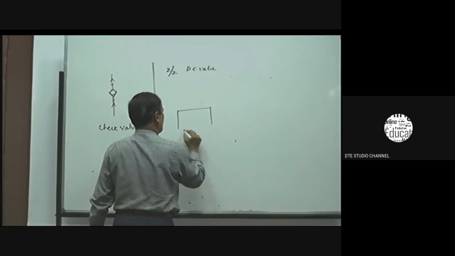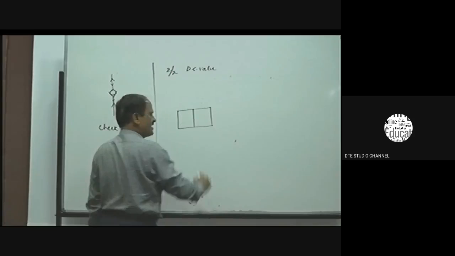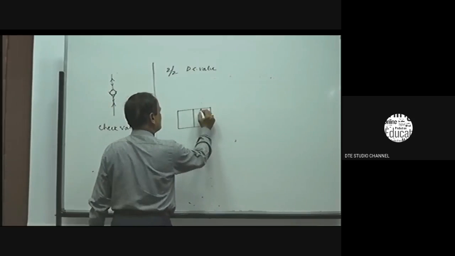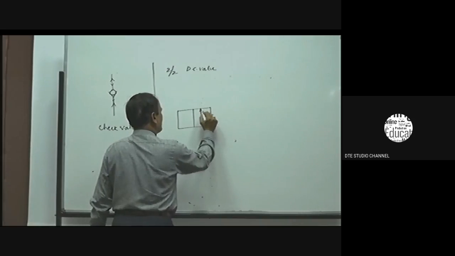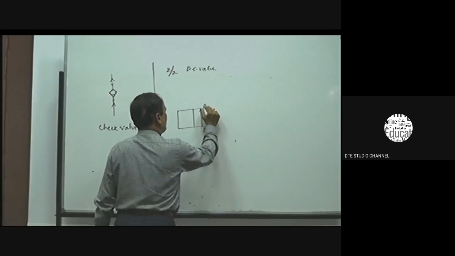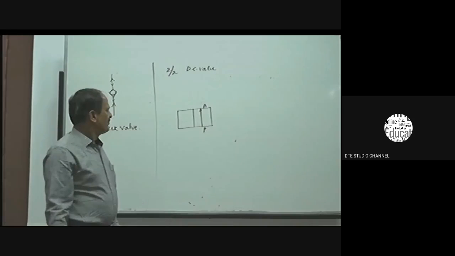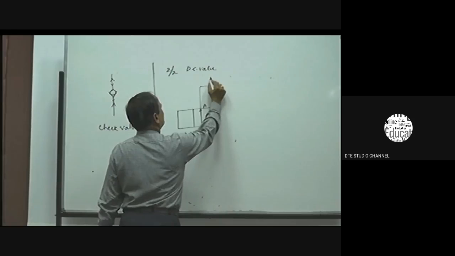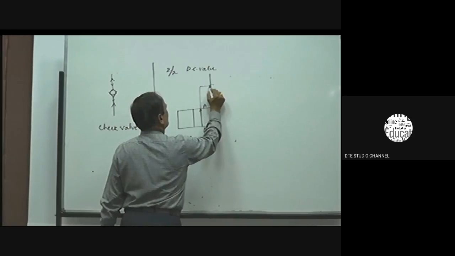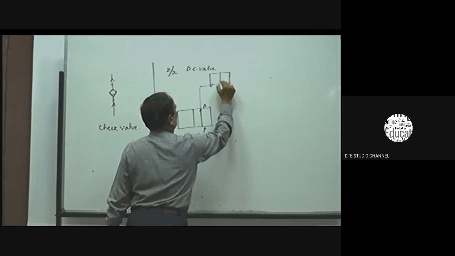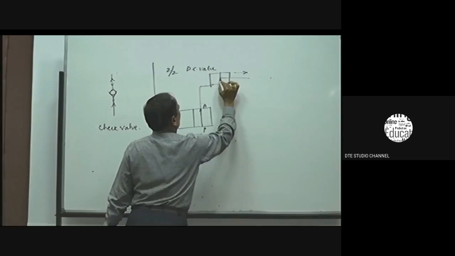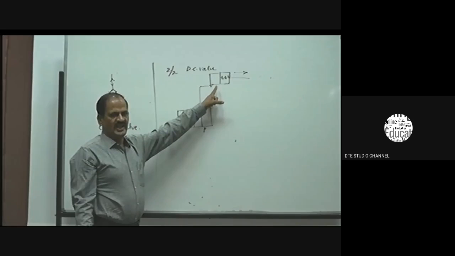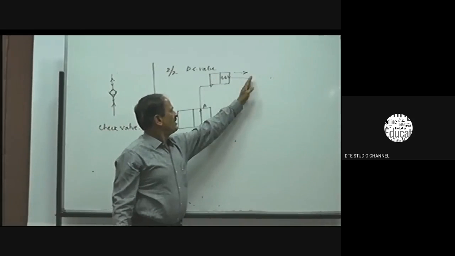It has two positions. Two positions are represented by two boxes. In the first box, connection is made from P to A and fluid enters one end of the cylinder, causing extension of the cylinder.